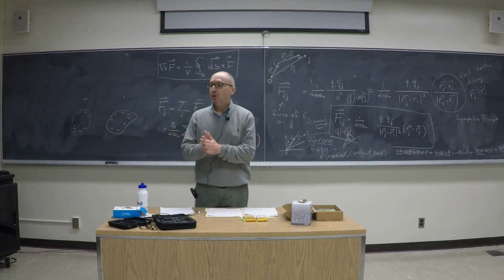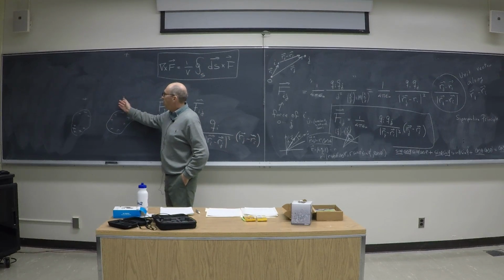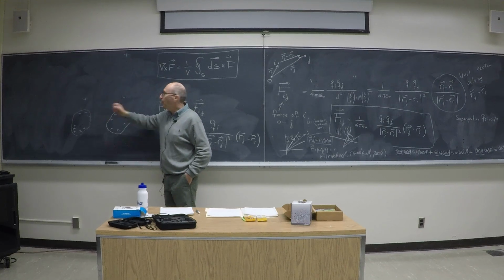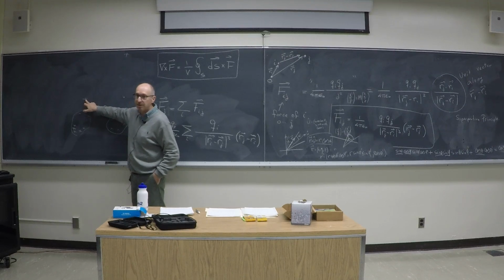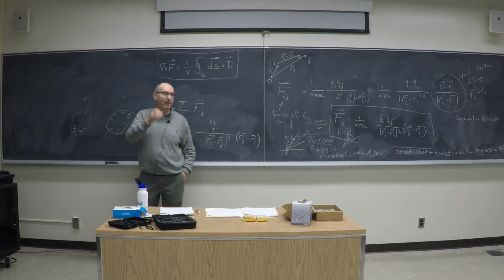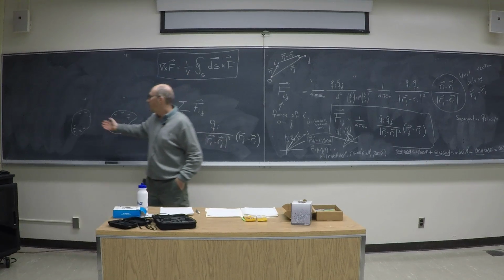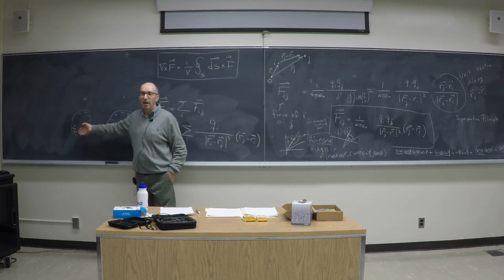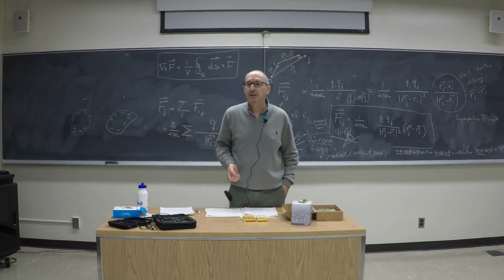Okay? So first of all, to do this experiment, we can do this thing, yes, no problem. But this charge should be very, very tiny, so tiny that the conductor is not perturbed. And how do we know that something is tiny? Well, it depends on the situation.